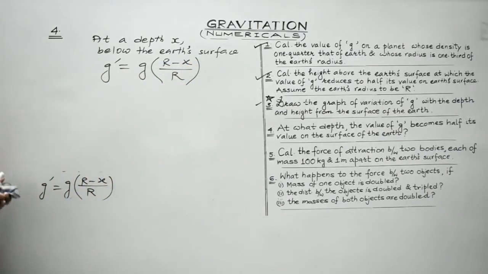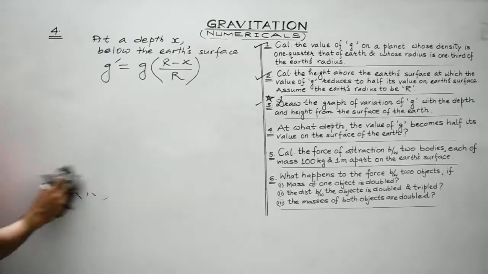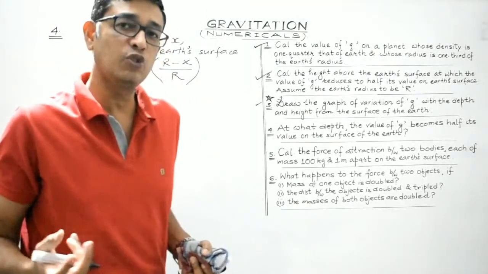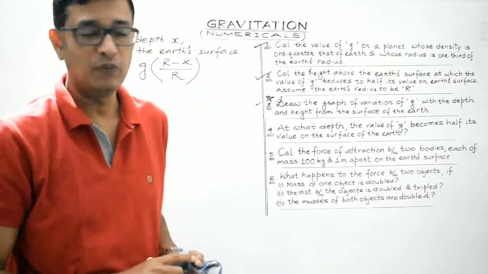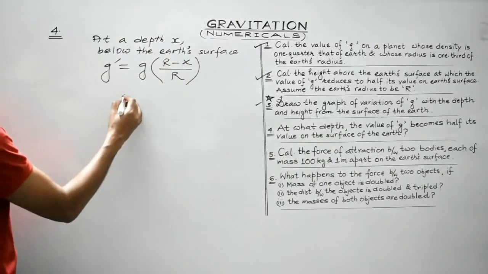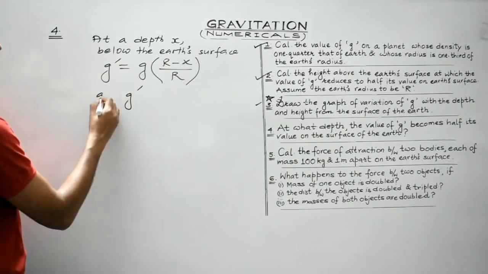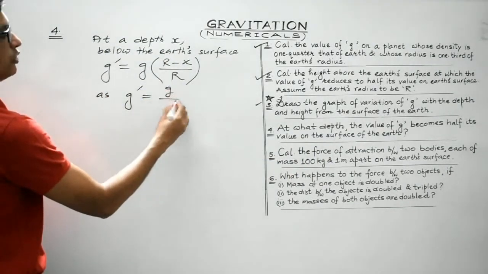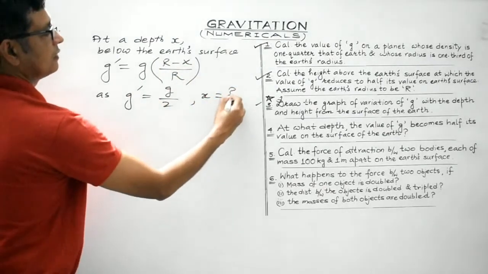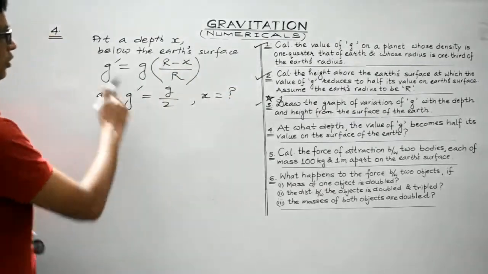This we have already derived. Mathematically, we have proved this expression, right? While dealing with numericals, we need to directly apply those formulas. So the value of g becomes half its value. So it's given g' is equal to g/2. We are supposed to find out the value of x. Right? So let's solve it.